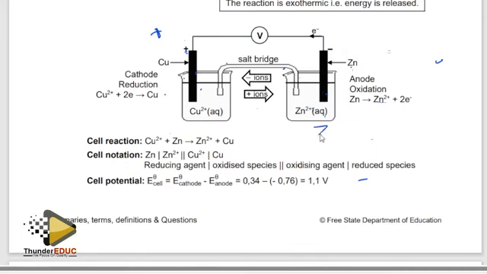So basically the zinc is going to dissolve here. Zinc gives me zinc 2 ions plus 2 electrons. And then here I am going to have copper 2 ions plus 2 electrons. Then I get copper solid.